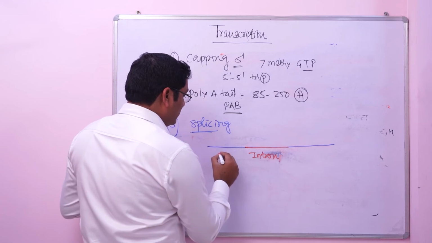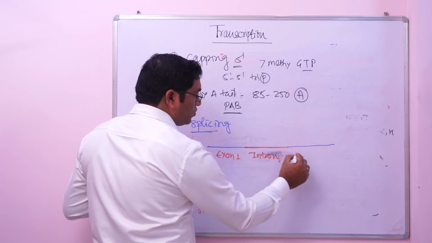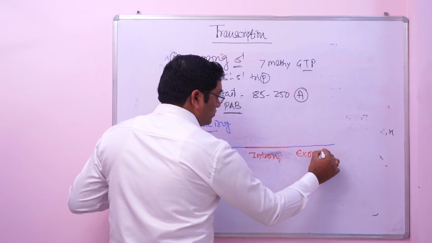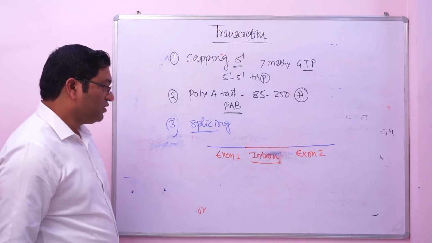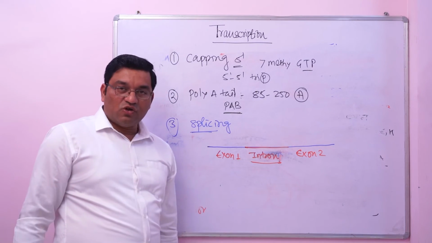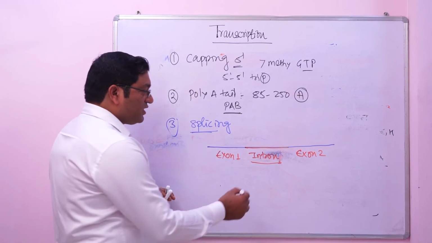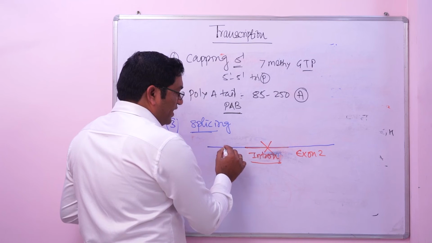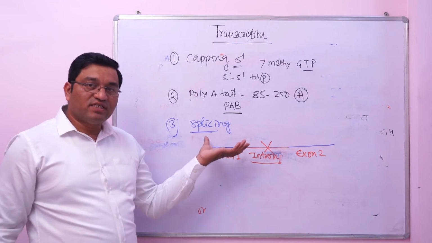This is intron, this is exon. Exon means a region which codes for the amino acid, and this is the region which does not code for the amino acid. So the newly synthesized RNA contains introns also. Now in the splicing process, this intron region is removed, and exon 1 and exon 2 join together. This is known as splicing.